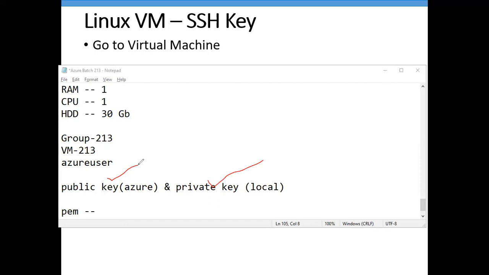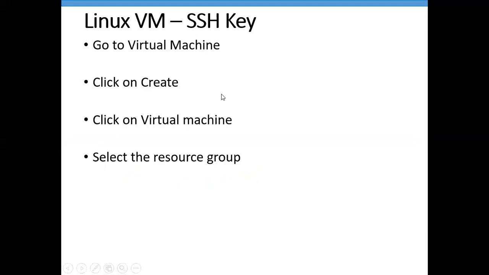When both keys match together, then we are able to connect to that machine. It's like I want to open a locker. For that locker there are two keys. One key is with Azure, one key is with us. To open that locker, we need to use both keys. Without these two keys, I can't connect to my machine. So it's a combination of two keys.